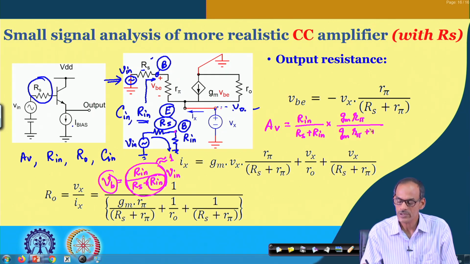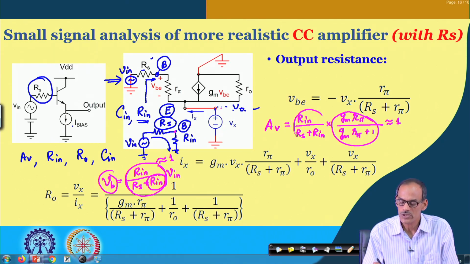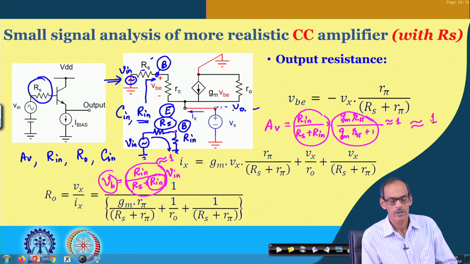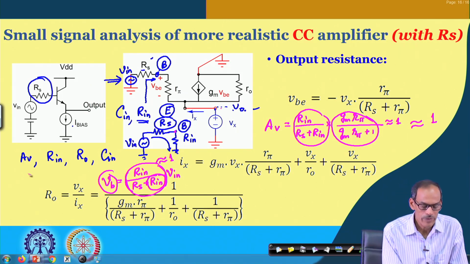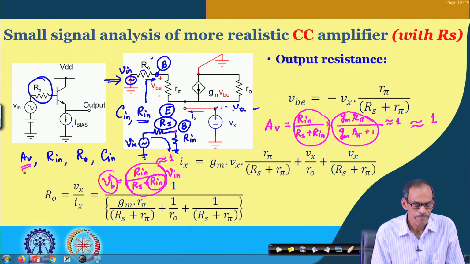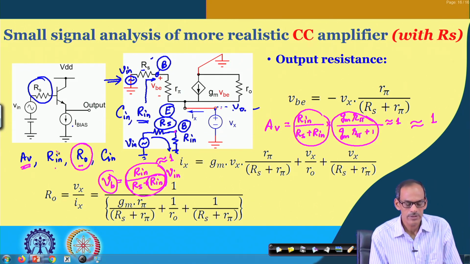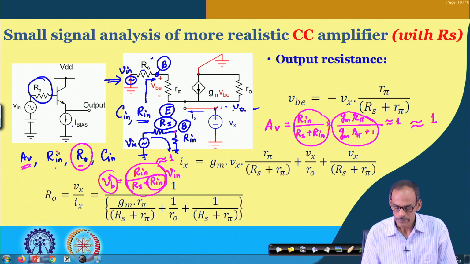So, this portion was approximately 1, and this is also approximately 1. As a result, overall it is also approximately 1. So, similar to the input resistance, we are not going to discuss the voltage gain again. Only thing we are going to discuss here is the output resistance.